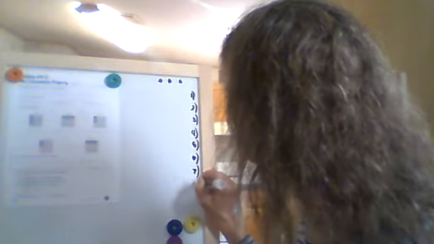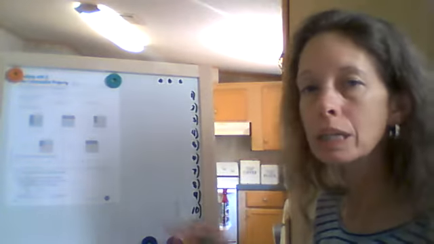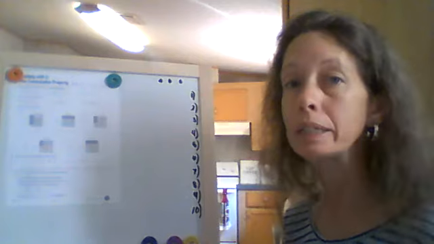So 3 is 1, 2, 3. We're going to do this 1 time, 2 times, 3 times, 4 times, 5 times, 6 times, 7 times, 8 times. 10 is a good number to start with because it gives you a nice long helping table to work with, because most of your problems will be in this 10 range.